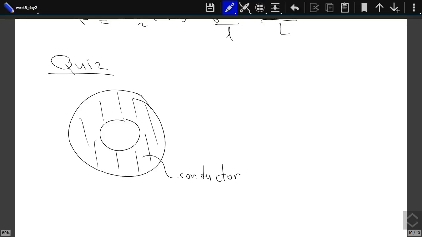So we have a conducting shell, and there's a cavity inside. In the cavity, we put a charge plus Q. So the question is, what is the charge on the inner surface, and the charge on the outer surface?